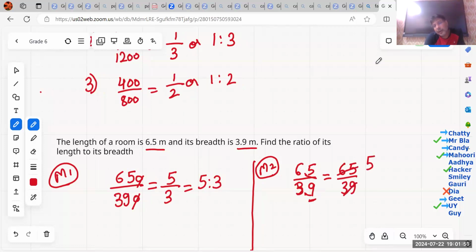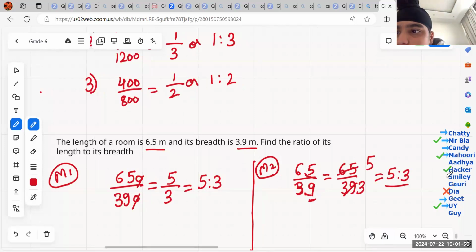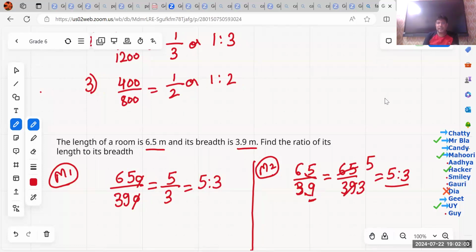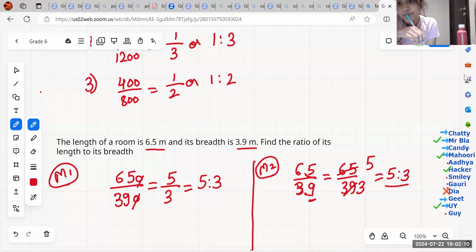So again I will get 5 by 3, which is 5 is to 3. Do we understand, guys? Yes, sir. Smiley, Gauri, Tia, Adhya, do we understand? Sir, understood it, but I was seeing with what number to divide it by. Sir, I didn't know how to solve this question before.